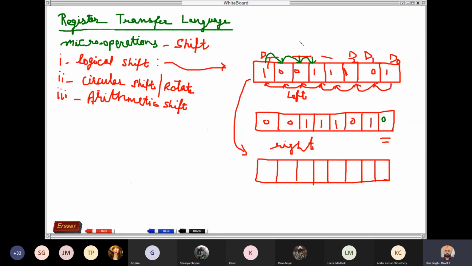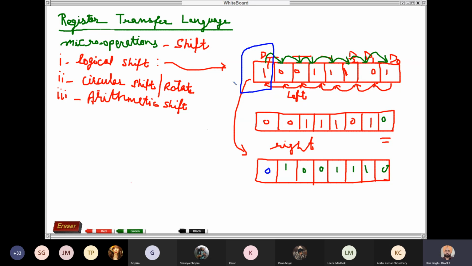So all the bits will be shifted by one position towards the right. The data will now be 1001110, and the vacant position will be replaced with 0. So in the logical shift operation, all the bits participate, including the sign bit. This is the sign bit of the register. It also participates in the shift operation. Okay, clear, students?